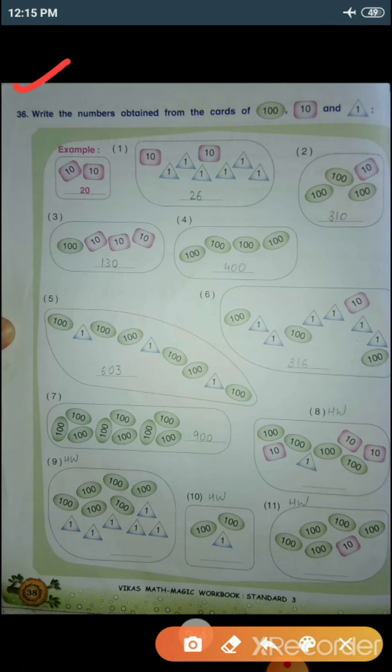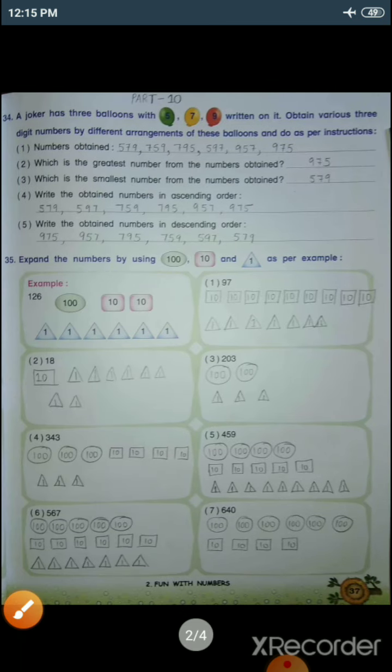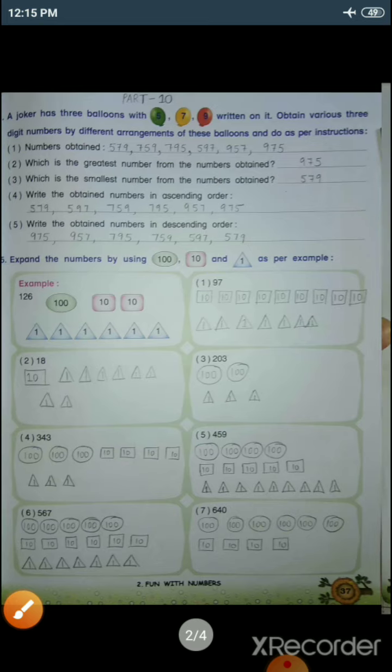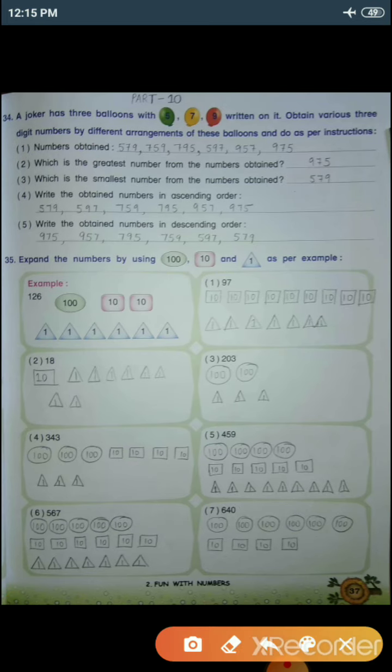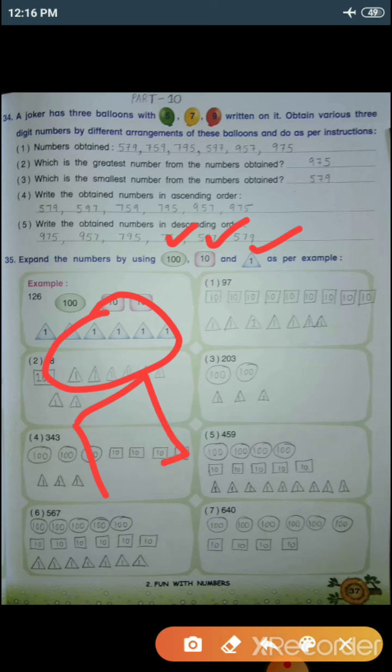So next one is question number 36. Write the numbers obtained from the cards of 100, 10 and 1. Students, in the last question the number was already given, and we needed to show it as hundreds, tens and ones, in circular form, square form, or triangular form.